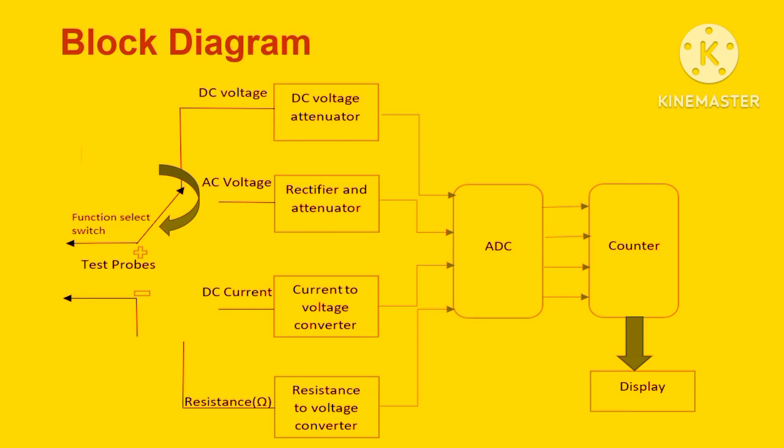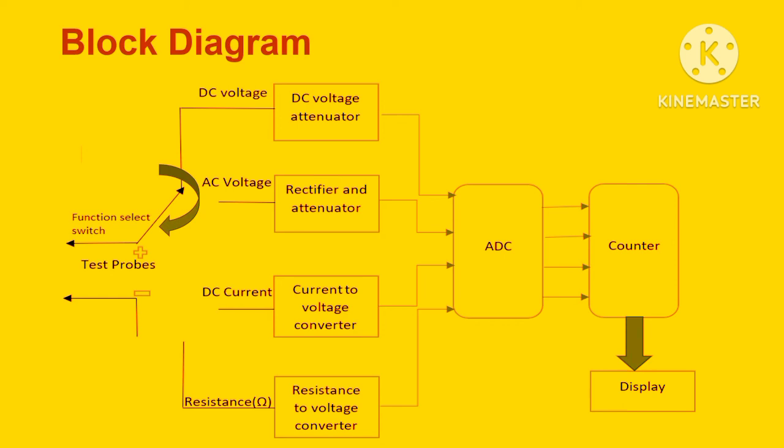To attenuate the DC voltage applied at its input and connect the attenuated DC voltage to the ADC, that is analog to digital converter. A rotary switch, which is used as a voltage range selector, decides the amount of attenuation provided to the input signal.